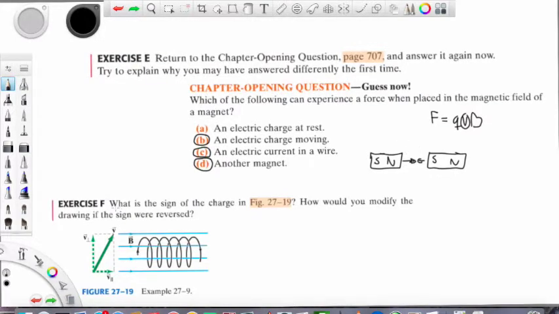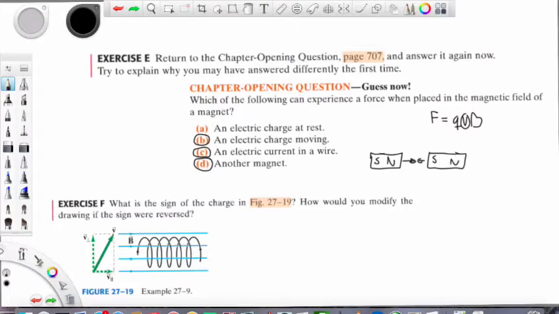In exercise F, we have a charge of unknown sign crossing initially the magnetic field diagonally. So it has a velocity component parallel to the magnetic field and one that is perpendicular to it.